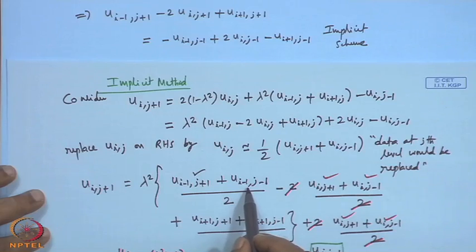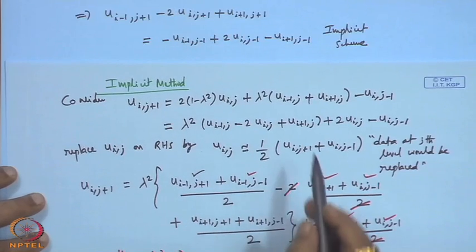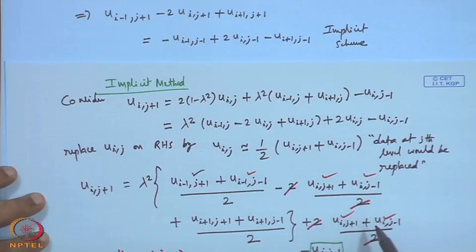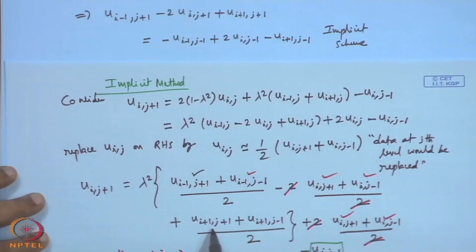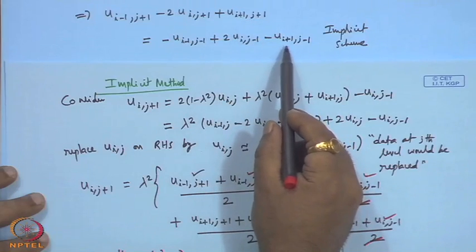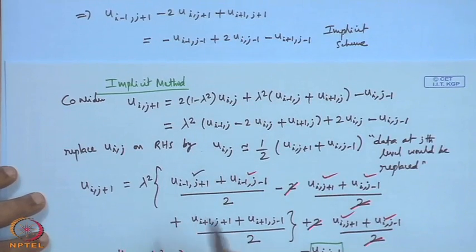So, u i minus 1 j minus 1. This is the term. Okay. Then u i j minus 1. So, these are the terms. Okay. Then similarly, i plus 1 j plus 1, i plus 1 j minus 1. Okay.